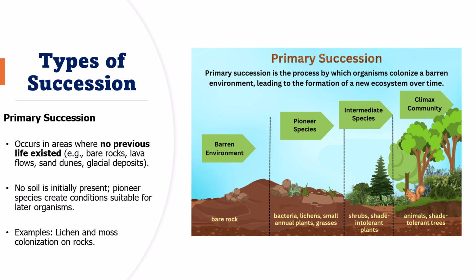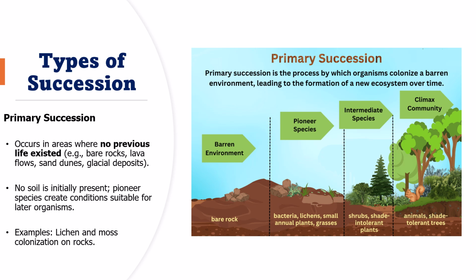They play a crucial role in breaking down rocks and accumulating organic matter, which gradually creates soil and makes conditions suitable for more complex organisms. Over time, grasses, shrubs, and eventually trees establish themselves. This process demonstrates how life can emerge from seemingly lifeless environments and provides insights into how ecosystems originate and build complexity from scratch.